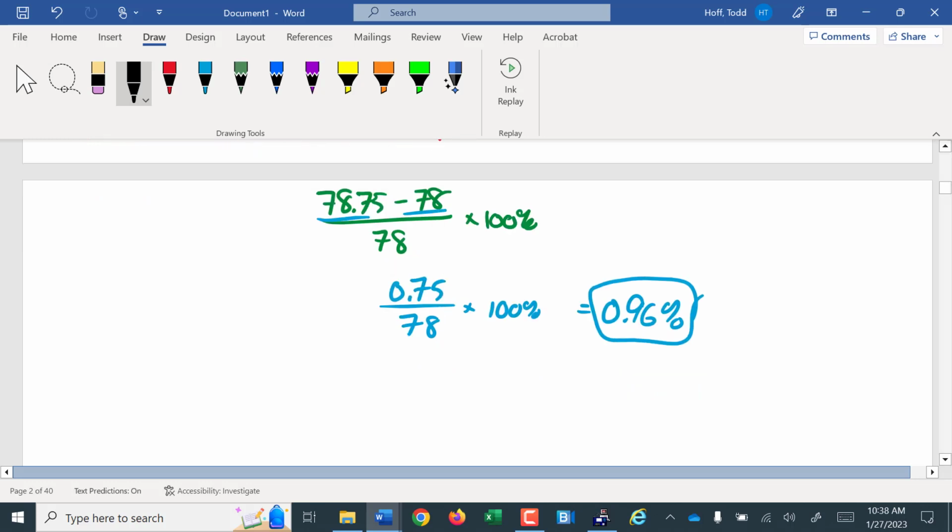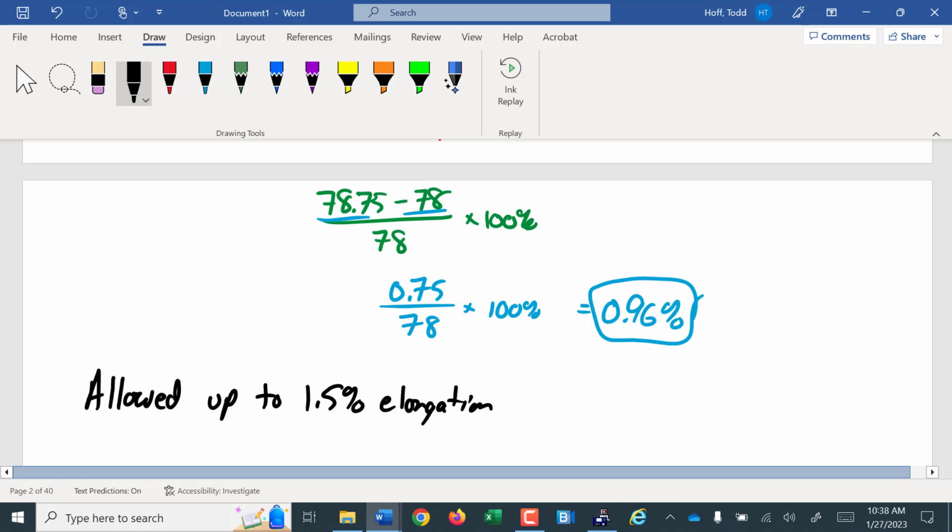In practice, and Bob will talk about this more with you as he sees fit, my experience is in practice, you're only allowed up to 1.5% elongation before you would take a chain out of service. Now that 1.5% varies in the usage. If you're lifting from a pit up to ground level, sometimes they allow more.